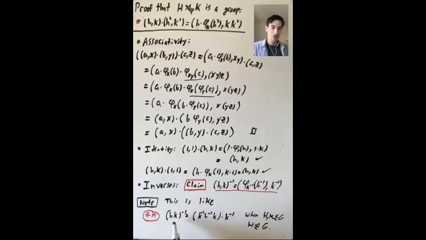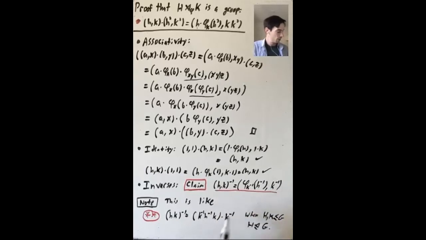Well, it looks just like this star star from earlier when we talked about the case where H and K are subgroups inside a common group G where H is normal in G. So in that case, we had this product set HK. And what was the inverse of hk? It was k^{-1}h^{-1}, which is (k^{-1}h^{-1}k)k^{-1}.